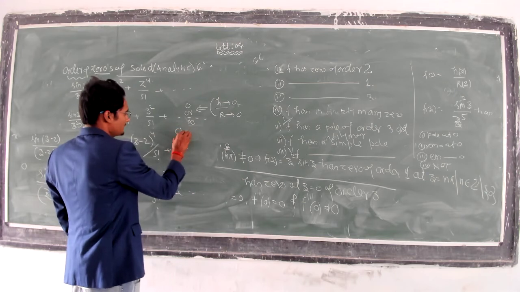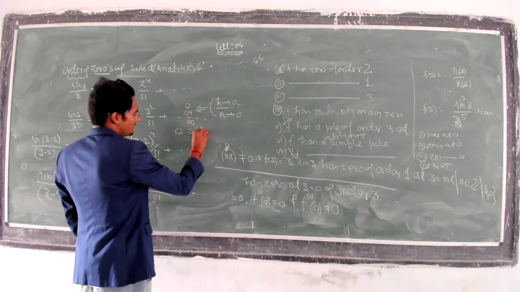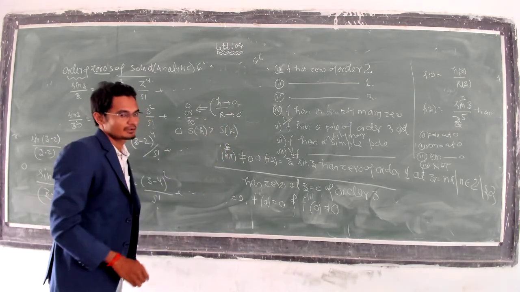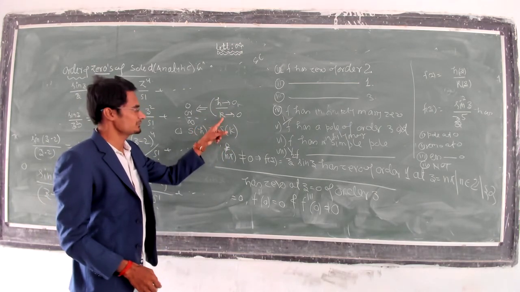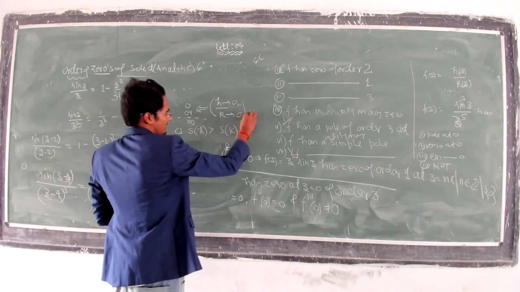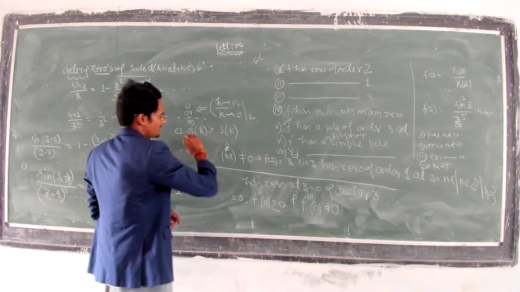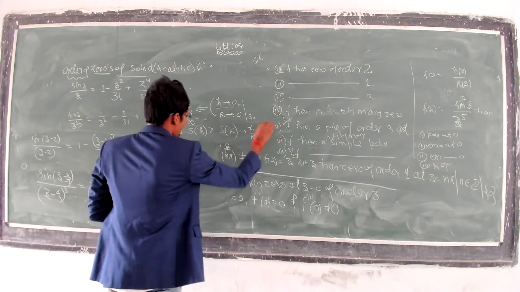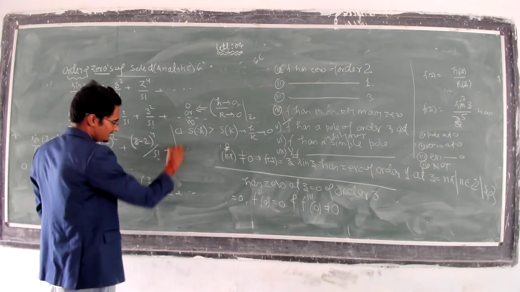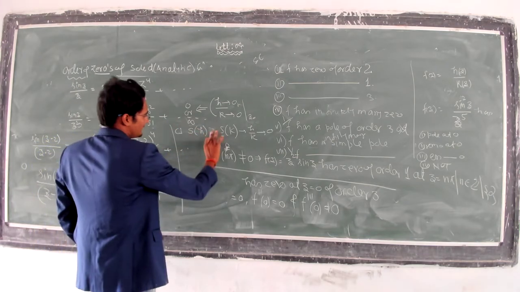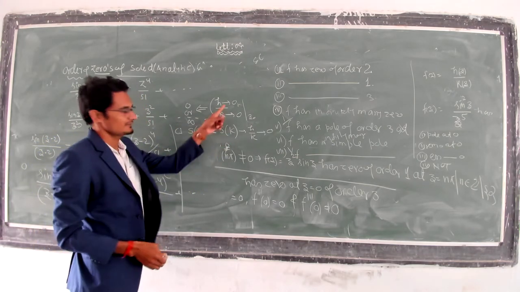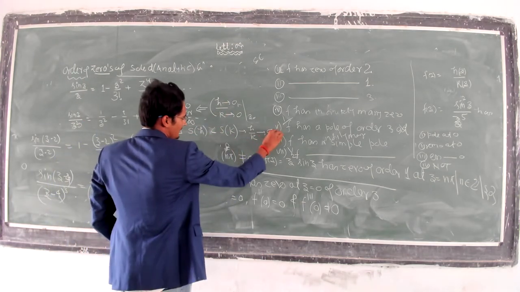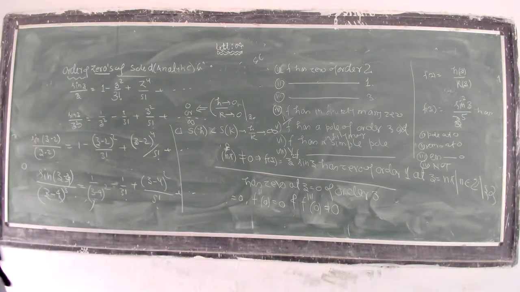So case number 1, if the speed of h is bigger than the speed of k, this speed is faster, this speed is less at some particular point z naught, then h by k will definitely tend to 0. But in the other case, if this speed is more than this, then h by k will tend to infinity. Alright?